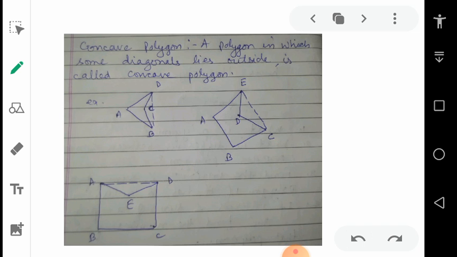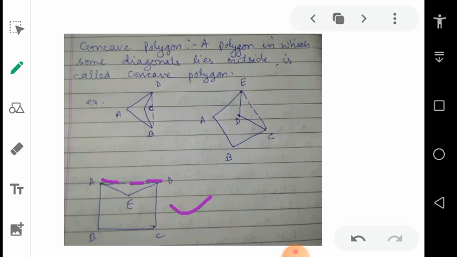Again, this third one, ABCDE, is a polygon because there are straight lines, but it is a concave polygon. Why? Because if we join the points A and D, this one, the broken line, it lies completely outside the polygon, so it is a concave polygon.